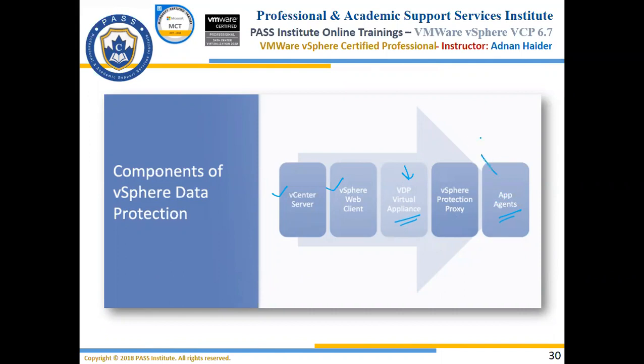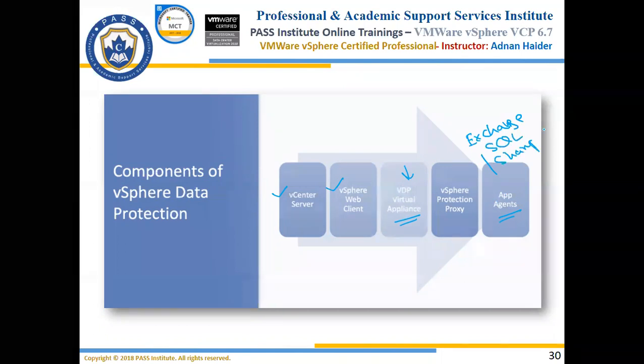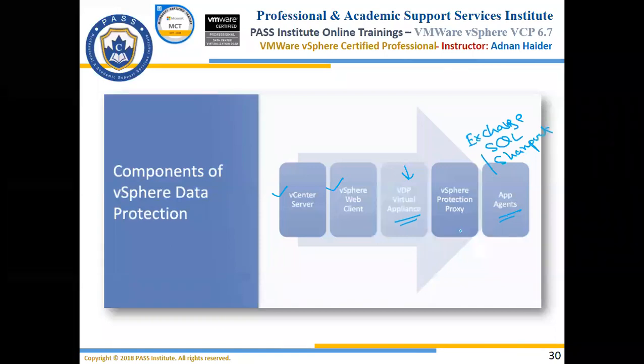If you are backing up Exchange server, SQL database, SharePoint and all these applications with VDP, then you need an agent. But for backing up VMs directly on an ESXi host, you don't need any agent. VDP can directly back up.